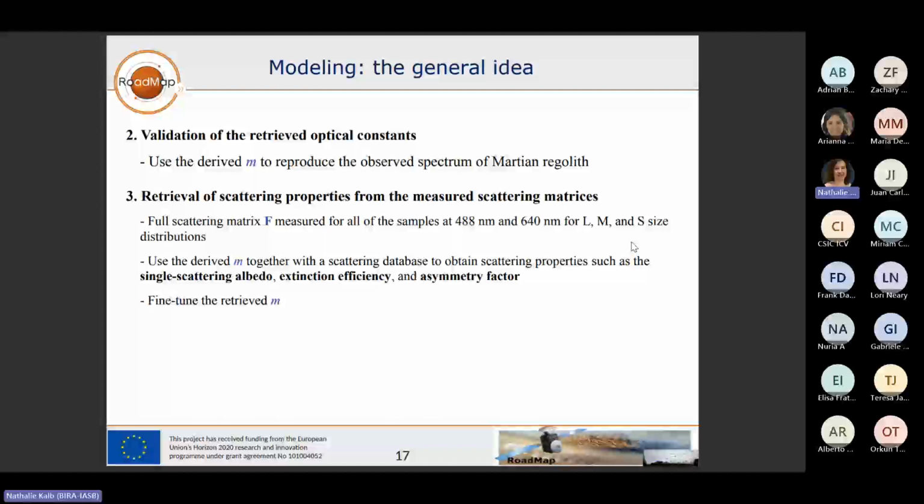We want to model the full scattering matrix measured at two different wavelengths, blue and red light, for the L, M, and S size distributions for all of the samples. Then we are using the derived refractive index together with the scattering database to obtain scattering properties such as single scattering albedo, extinction efficiency, and asymmetry factor. I will be talking more about the scattering databases later on. There's also a possibility then to fine-tune the retrieved refractive indices as well.